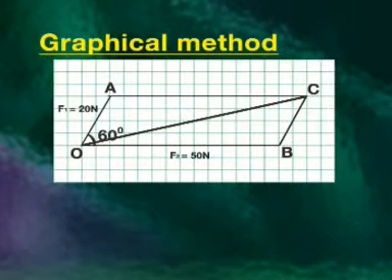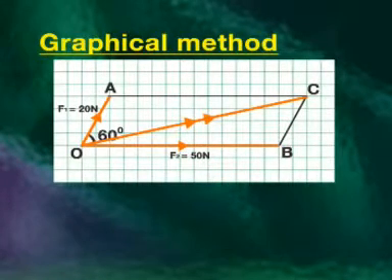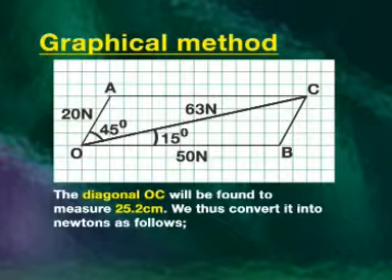Now draw the diagonal OC of the parallelogram OACB and measure its length. This, according to the parallelogram principle, represents the resultant of the two vectors represented by OA and OB. The diagonal OC will be found to measure 25.2 centimeters.